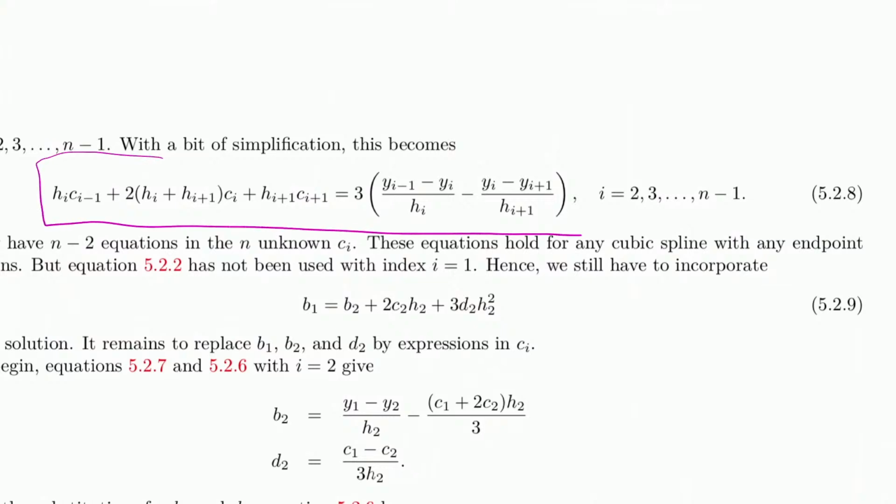Yeah, here's the C sub i equations. Yeah, that is not as encouraging as I first thought. You still have 3. See, the problem here is that you have this big matrix with a bunch of rows, and each row has 3 entries, and it's just going to be a lot of work. But it's not insurmountable. We can do it. All right, so I just wanted to get through that.